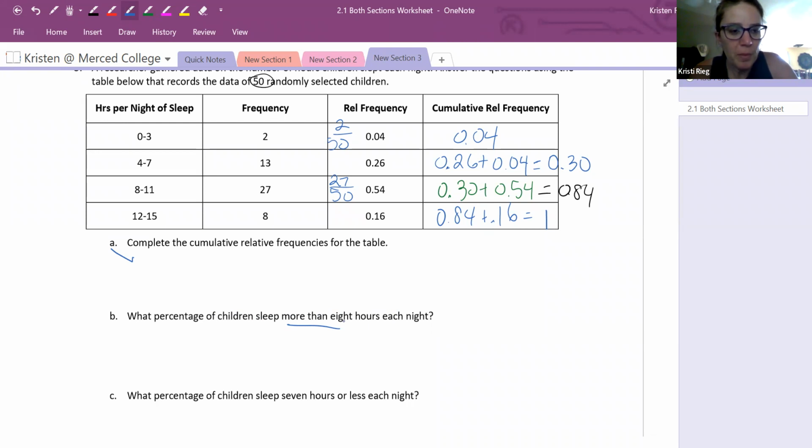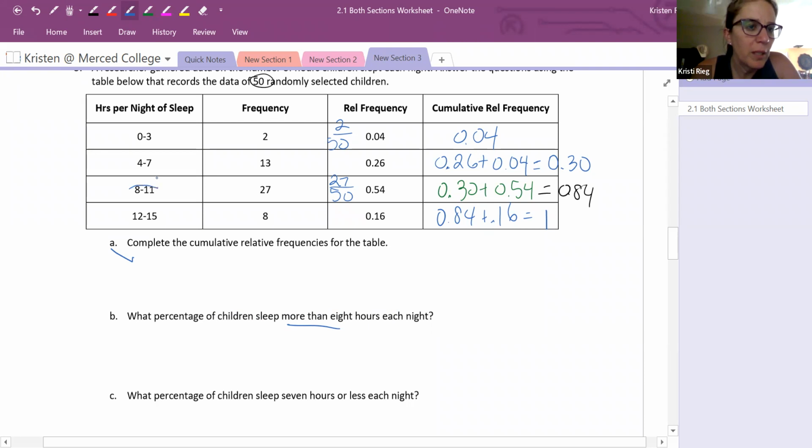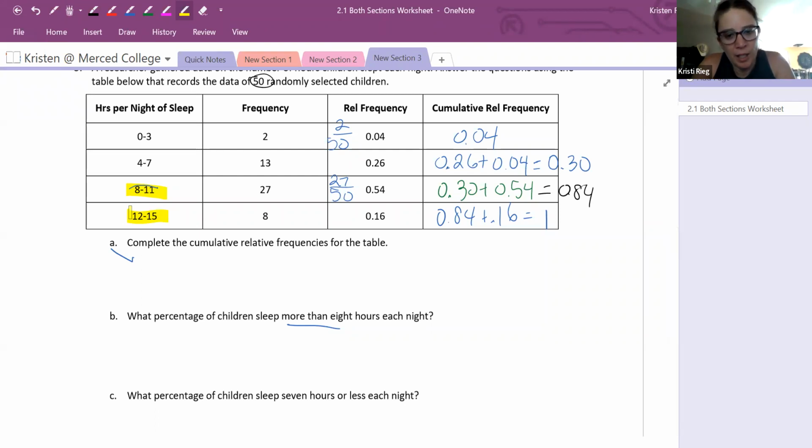figure it out. Here, I'm going to highlight this right here. Here are all my people that slept more than 8 hours. 8, 9, 10, 11, 12, 13, 14, 15. So here are the frequencies for those two groups of people.